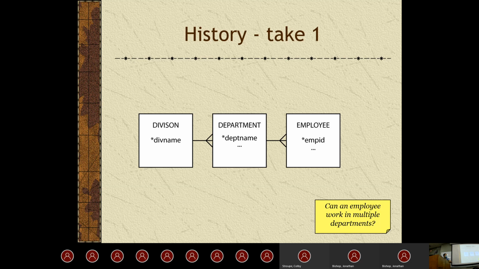So there's some potential issues with this. An employee has one and only one department. Is that a problem? Jarek, what do you think? Is that a problem for an employee to only work for one department?